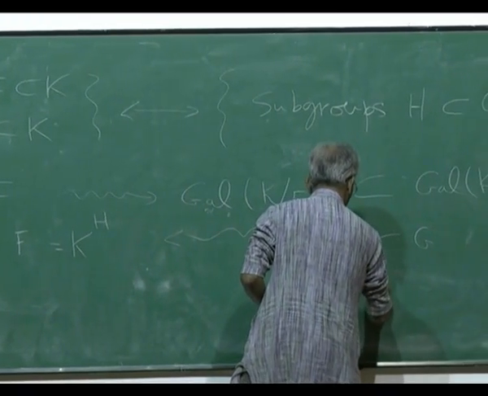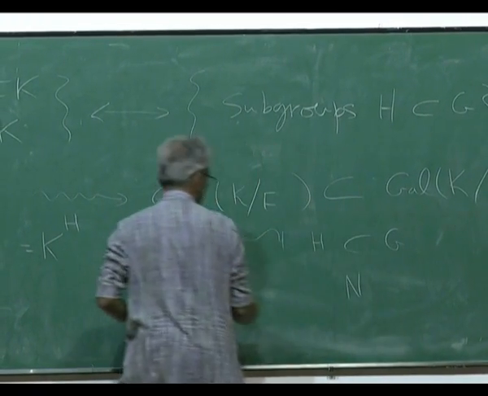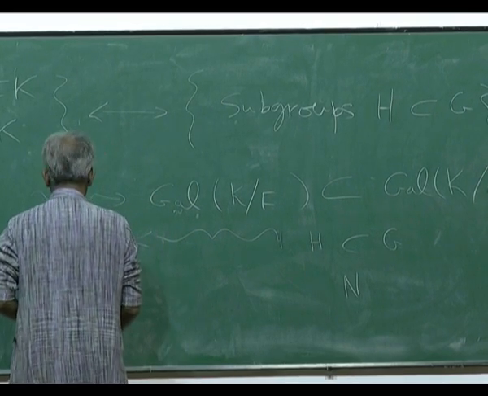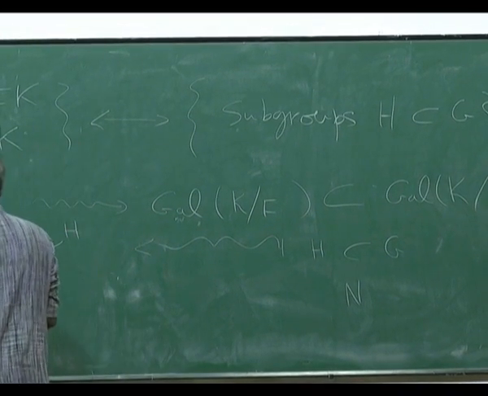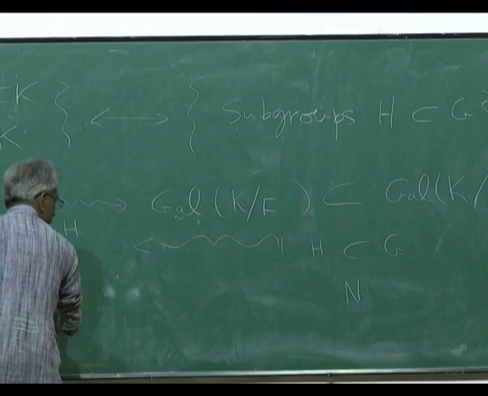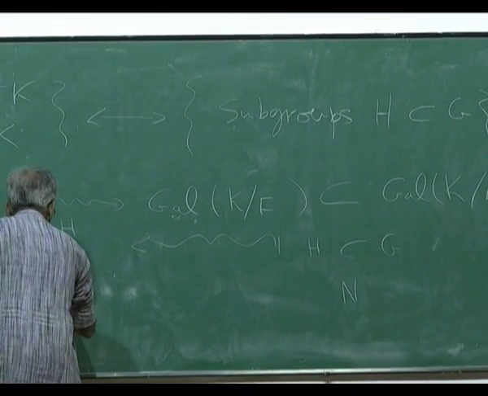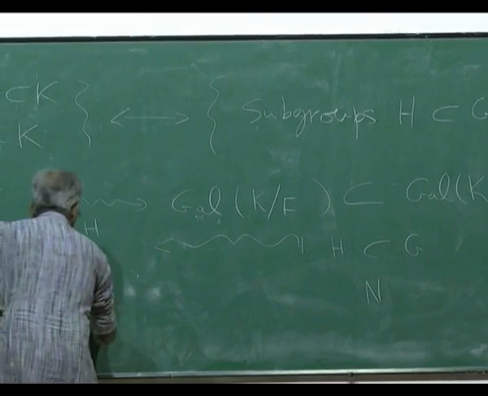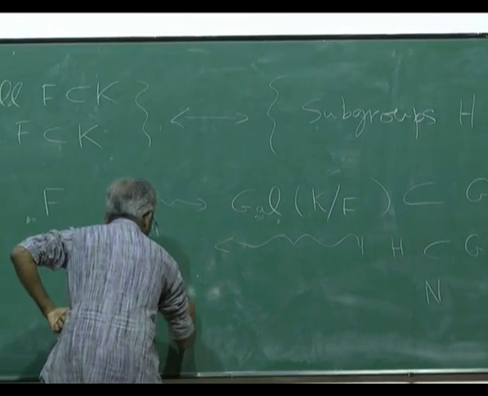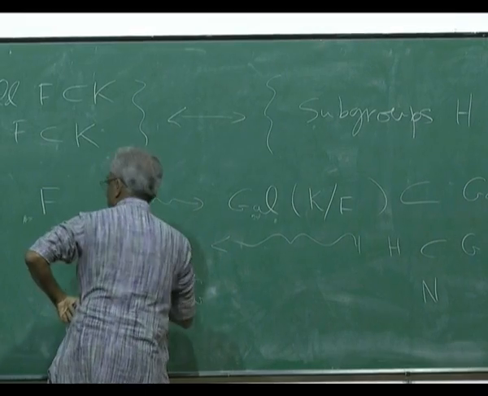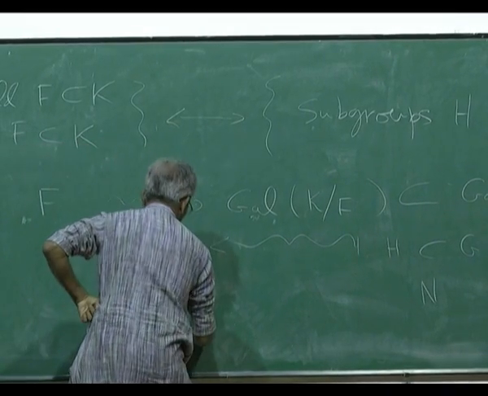All right, and suppose I take a normal subgroup N, then I get a certain field F. F is a Galois extension, or same as separable normal extension.